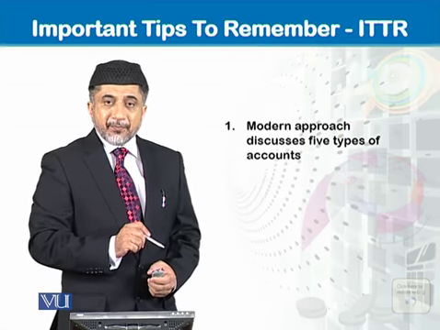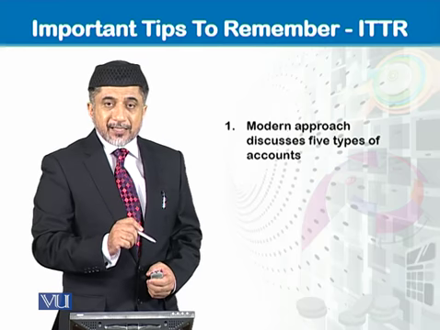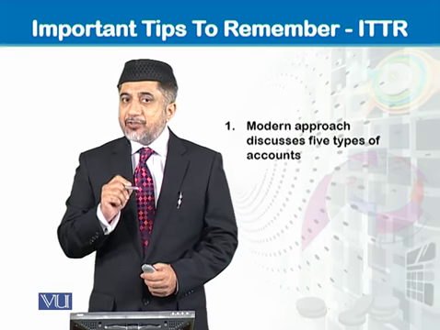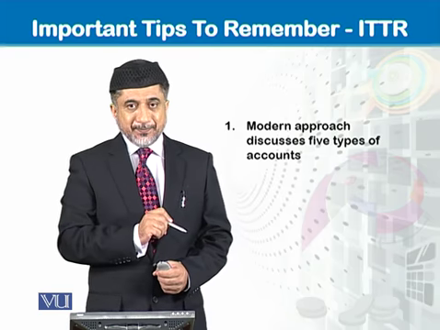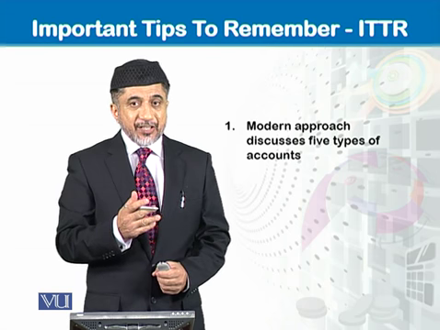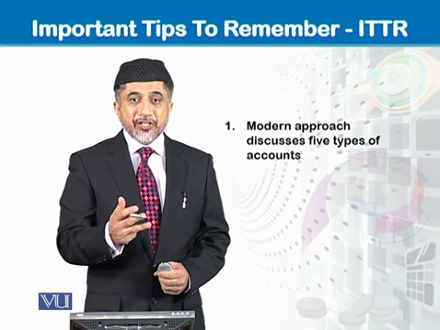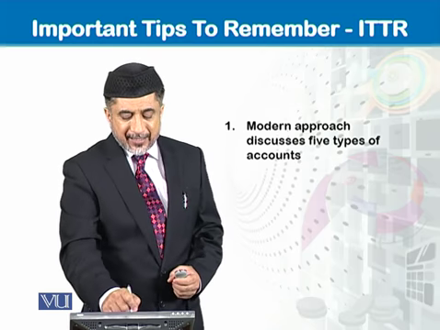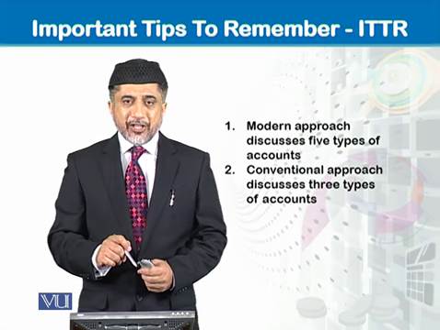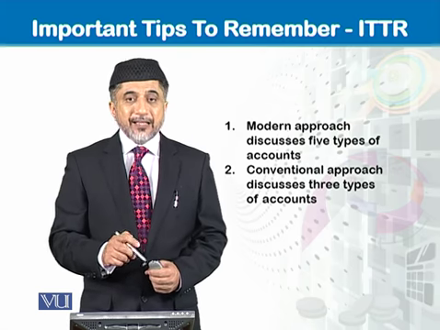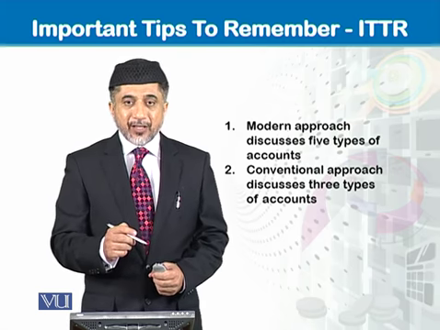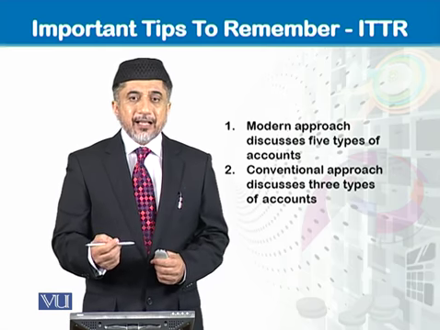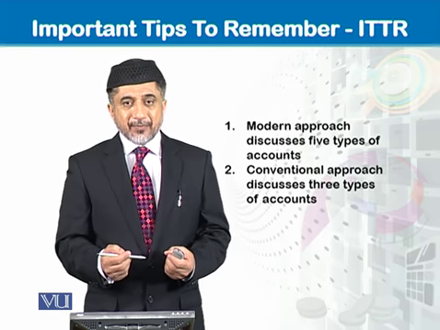So remember that the modern approach is where we see 5 types of accounting heads: assets, liabilities, owner's equity, incomes, and expenses. Whereas the conventional approach is where we find 3 types of accounts: personal account, real account, and nominal account.